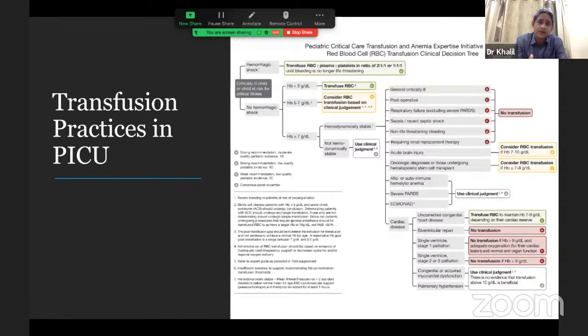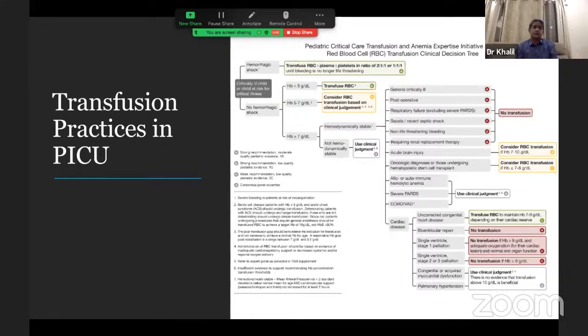Suppose you have a critically ill child or a child at risk for critical illness, and the child has hemorrhagic shock where there is a huge volume of blood loss, then the child may need immediate transfusion, because the only way to treat this life threatening bleeding is to transfuse these children.